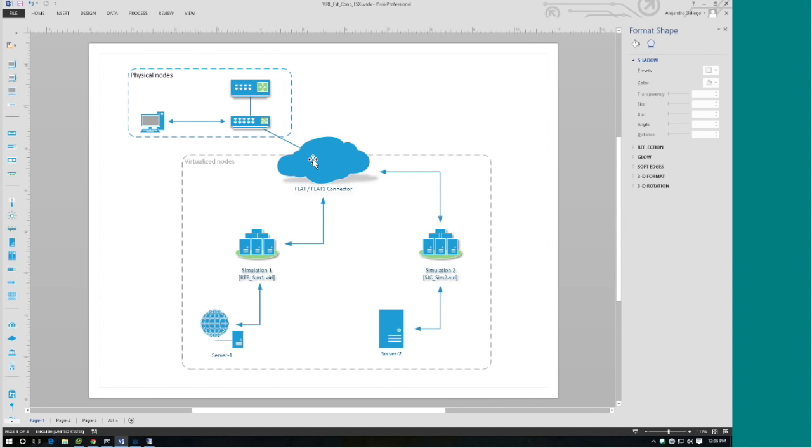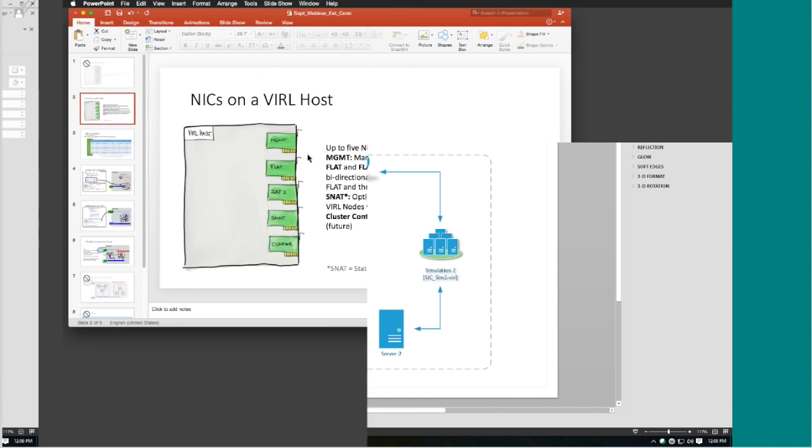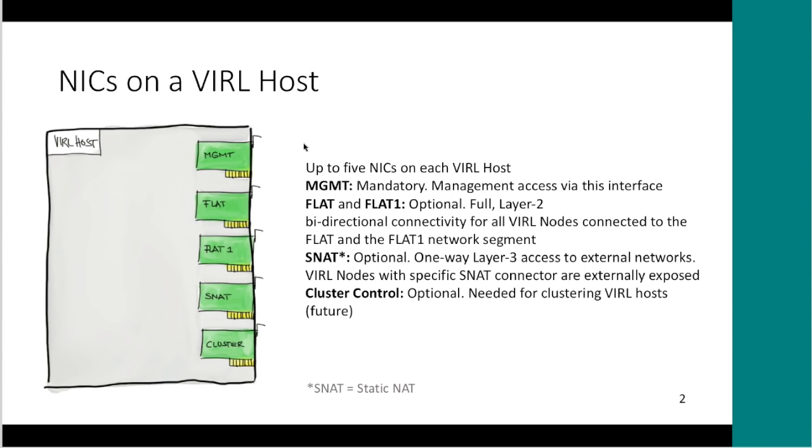So what are the flat connectors, and how do we use them? Let's start with a quick presentation, to first figure out what are some of the NICs that we configure in VIRL, and what are the flat connectors. If you remember, when you initially installed VIRL, you had to create and configure some of the NICs.